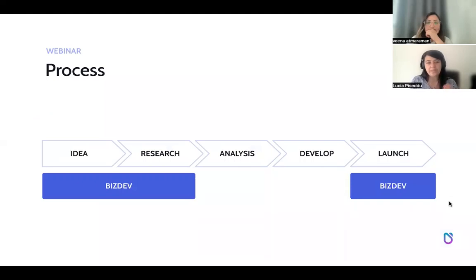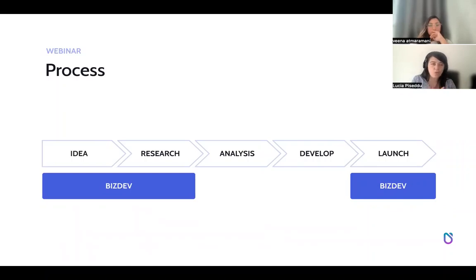Now, here we see that business development is not involved in the entire process. Why? Because we're not necessarily technical people if we work for tech companies, but we might not have the authority also to change or develop new features or new services. So business developers are really involved in the first part of the process, meaning idea generation and research. Why idea generation?